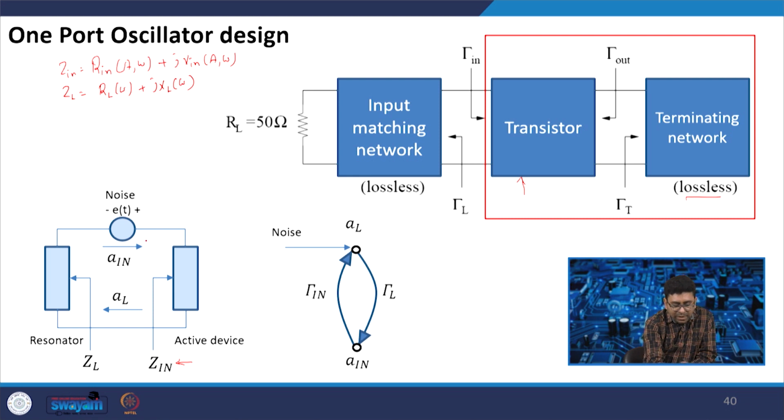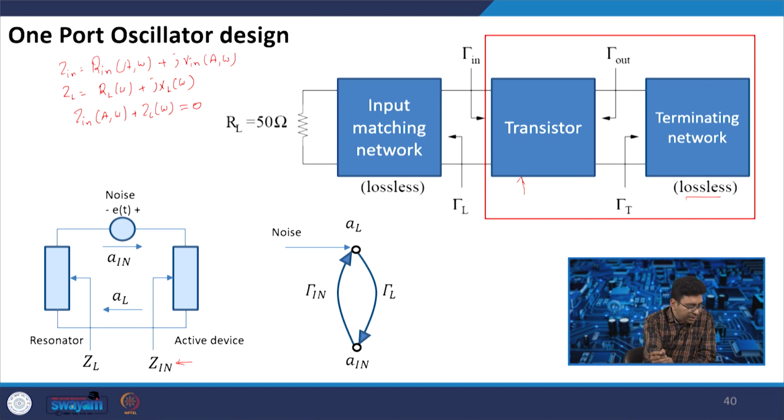So, if we want to satisfy this condition when Z L is connected with Z in, then Z in (A, omega) plus Z L (omega) should be equal to 0. This is the condition that we should satisfy in order to have the oscillation.